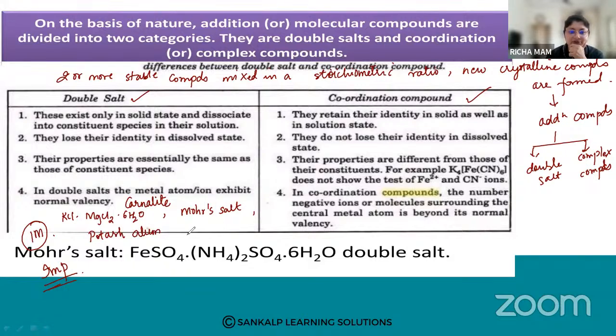It consists of K2SO4.Al2(SO4)3.24H2O, written in the lecture as 12H2O. So what does potash alum consist of? K2SO4.Al2(SO4)3 with water of crystallization.